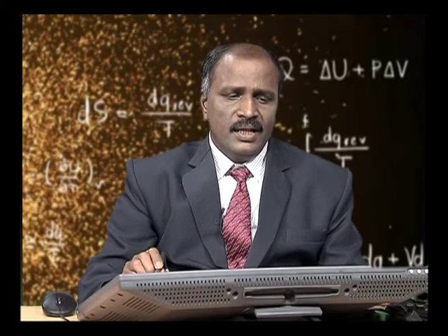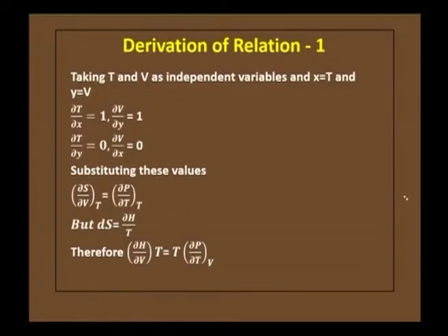So, taking T and V as independent variables, let us now derive relation 1. There are 6 Maxwell relations. First, we will derive the relation 1.